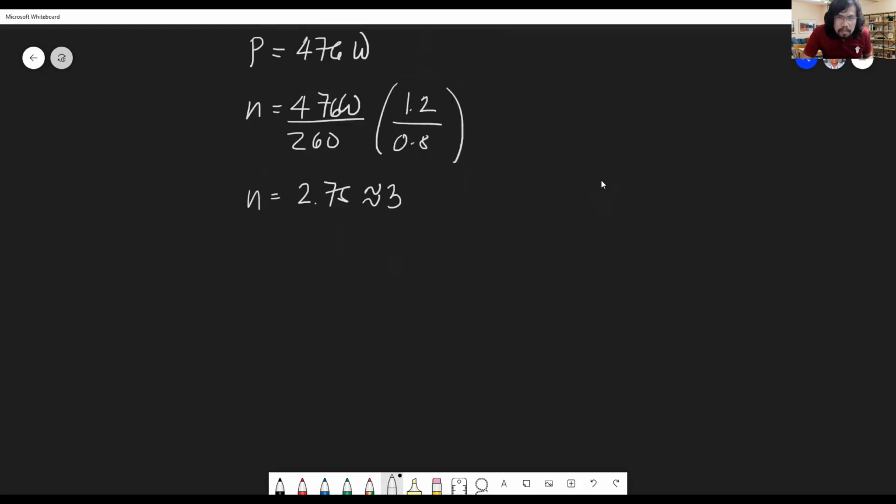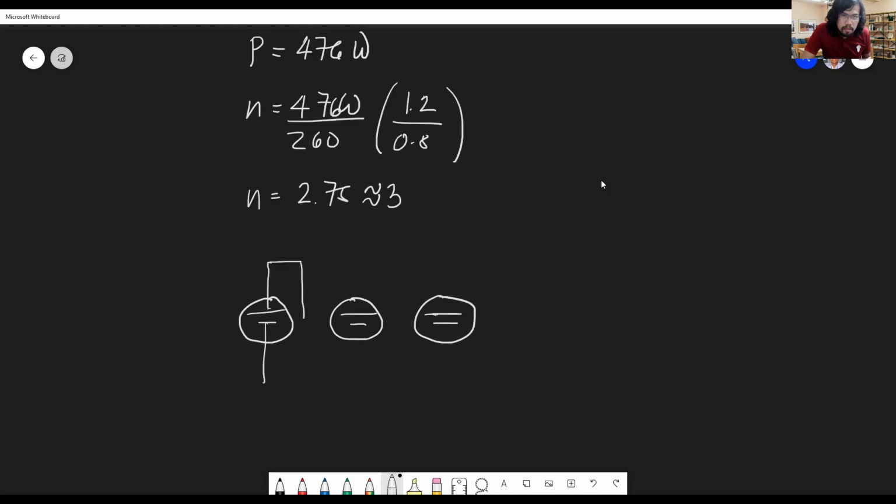Now, if you were going to do this, you have 3 panels, 260 watts each, and you have to connect them in series.